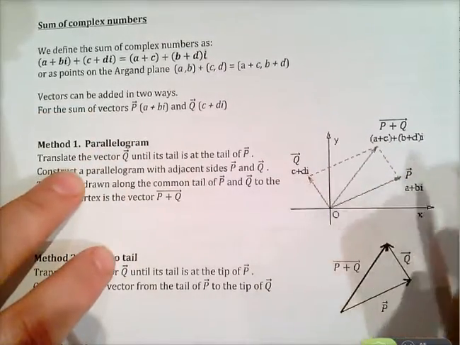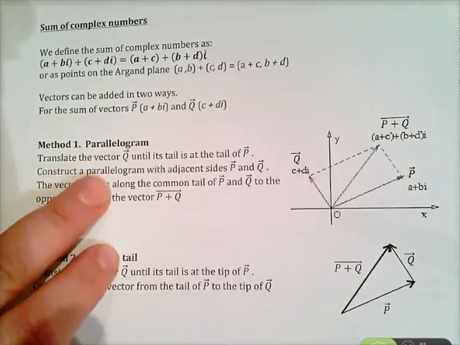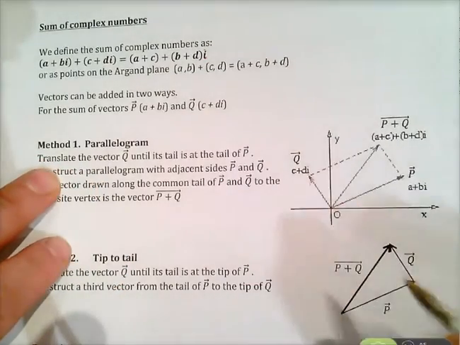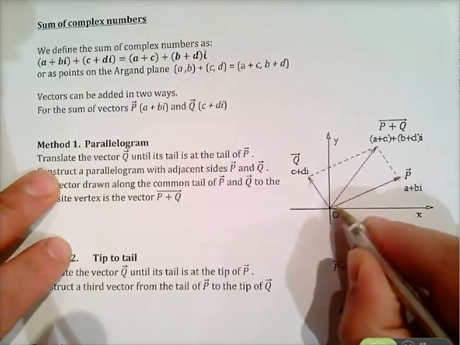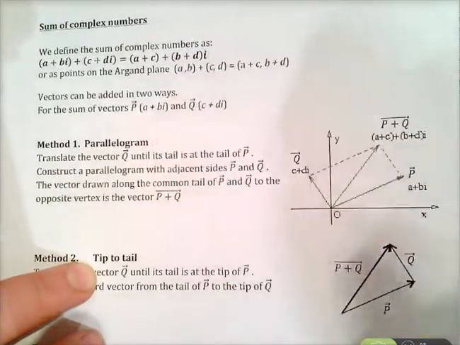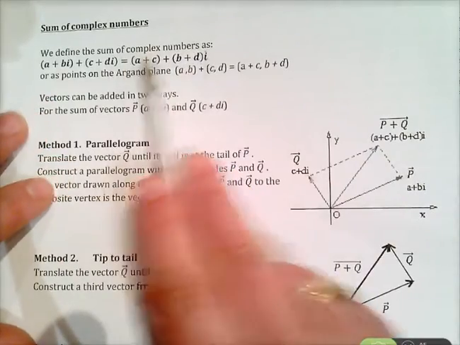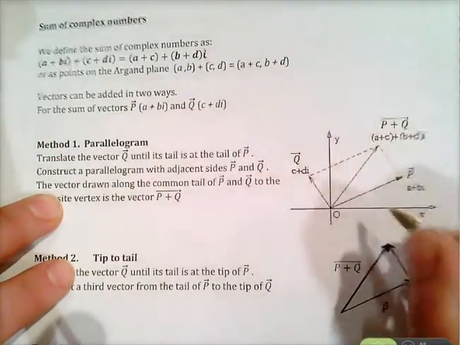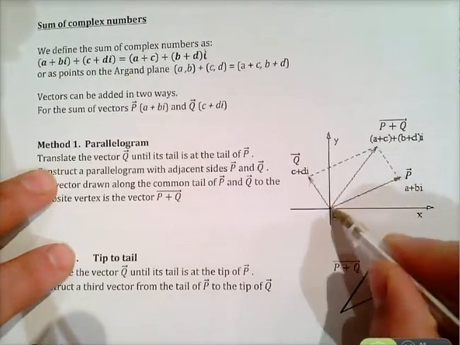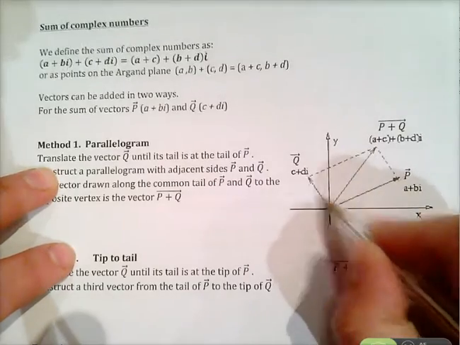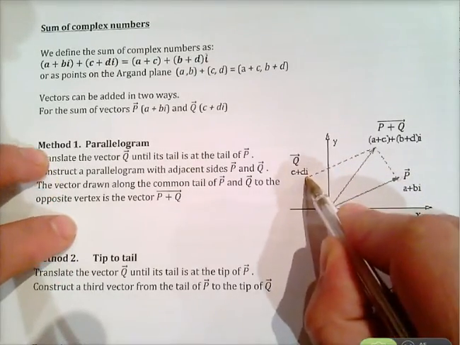First, the first method is called the parallelogram method. What we want to do is P plus Q. We're trying to add these two complex numbers, P and Q, so we're adding vector P to vector Q. Here is vector OP, and here is vector OQ, because c plus di is, say, down there.